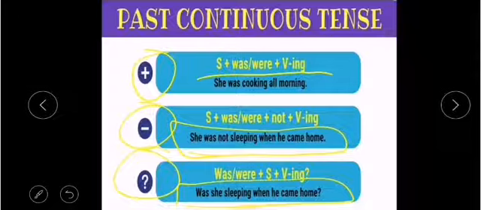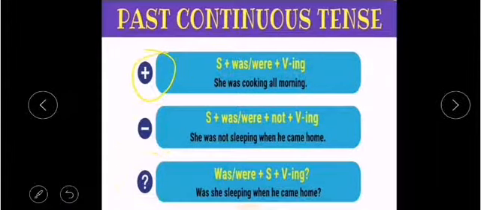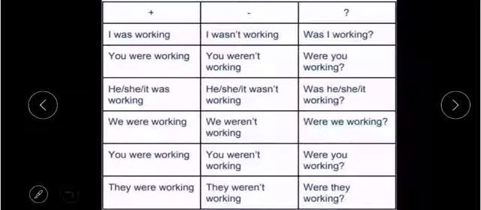Was she sleeping when he came home؟ هل كانت نايمة لما هو إجا على البيت؟ So that's for the questions. Very simple. هاي أشياء بتسهل عنا، so this makes it so simple.